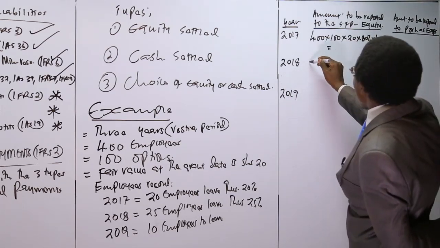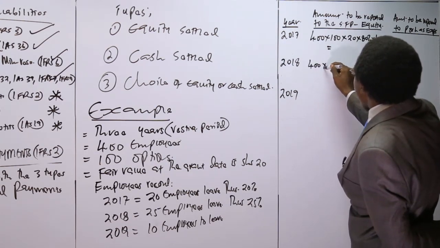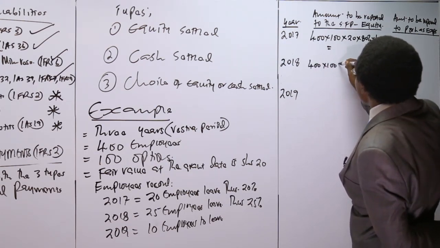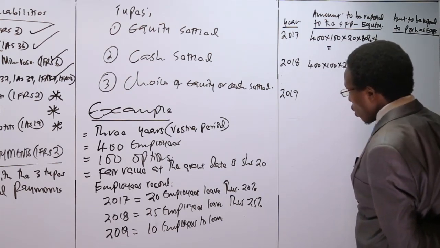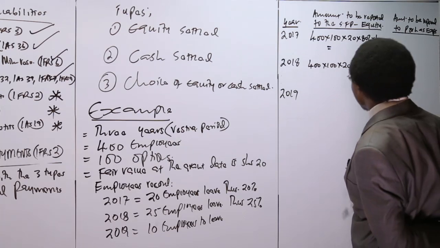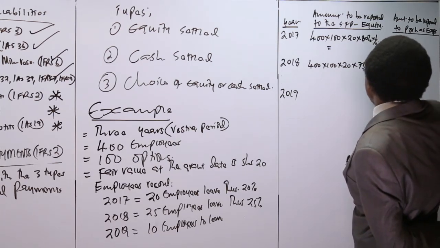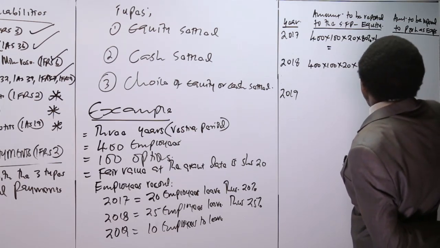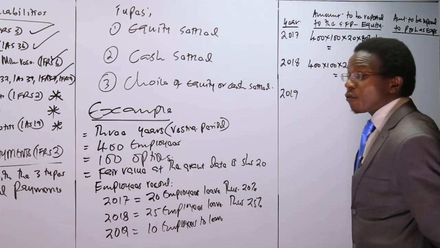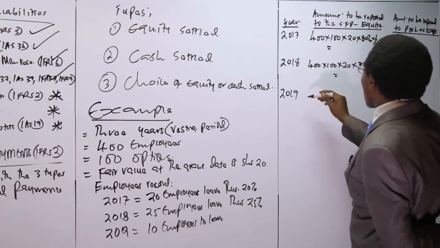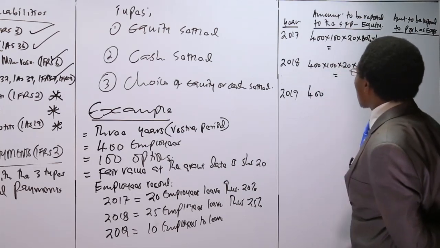Then the second year, we have the 400 by 100 options by 20 shillings. How many are expected to leave? So we are expecting 25% to leave, so we are remaining with 75%. Then times 2/3. The final year now, we deal with the exact data. We know that we have 400, right?